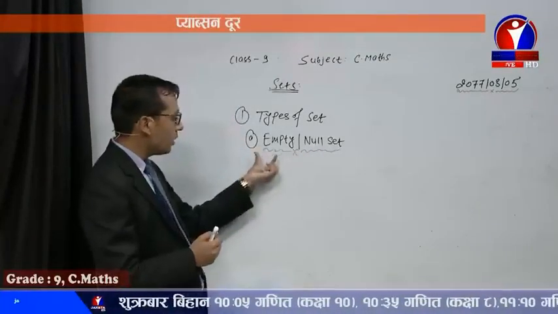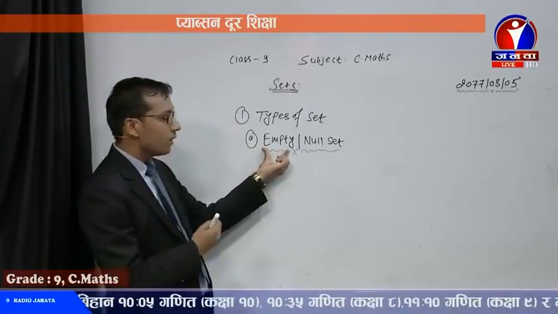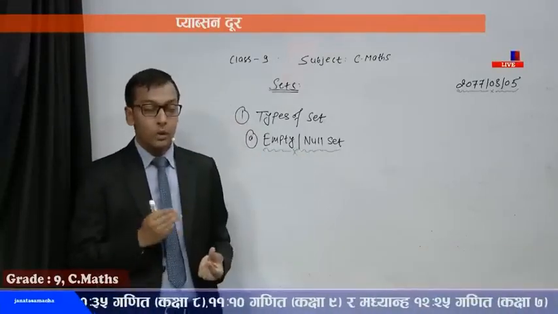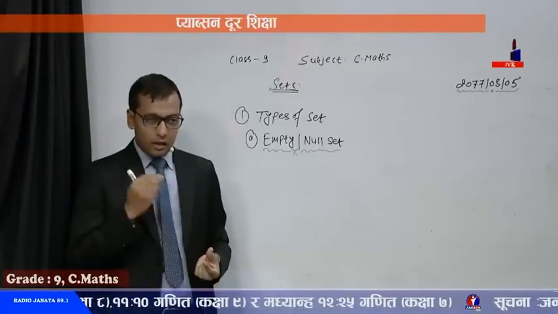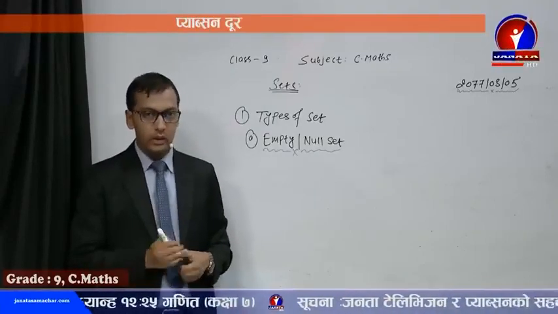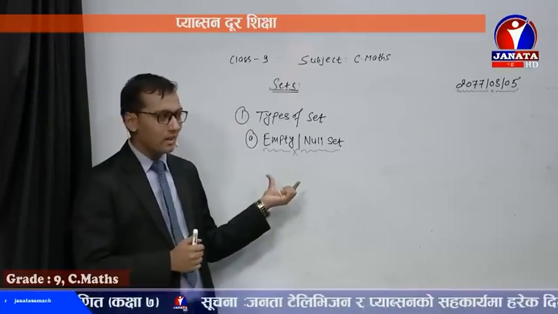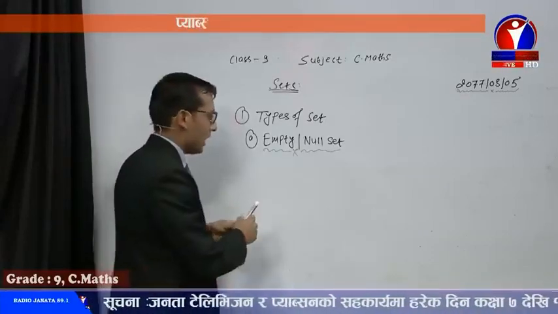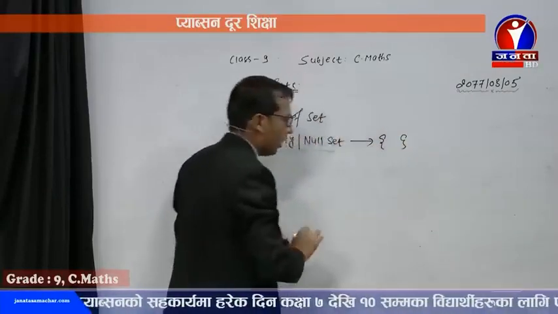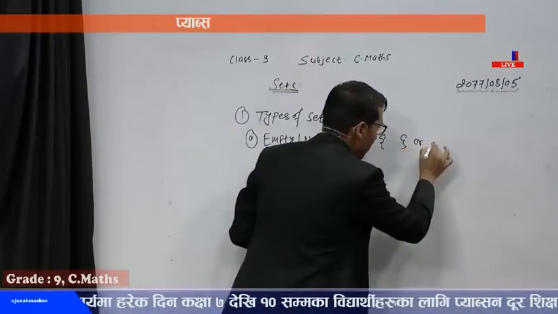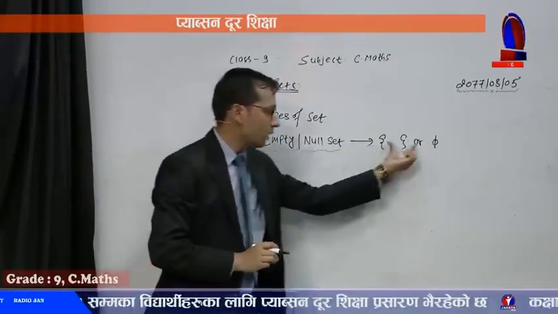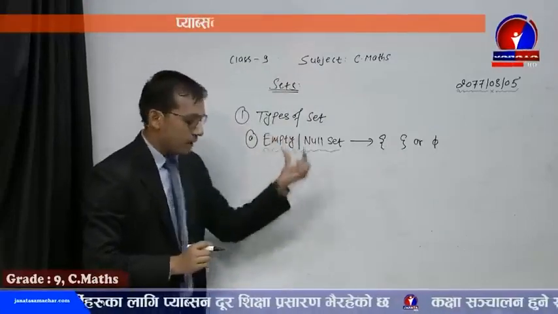The meaning of empty is clear from the word. Empty and null are synonyms. What is an empty set? A set having no element. If there is no element in a set, this is called an empty set, and we denote it by empty brackets, or we can also denote it by a symbol called phi. So these are the symbols for the empty set.